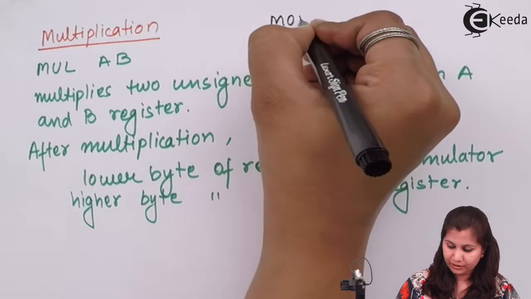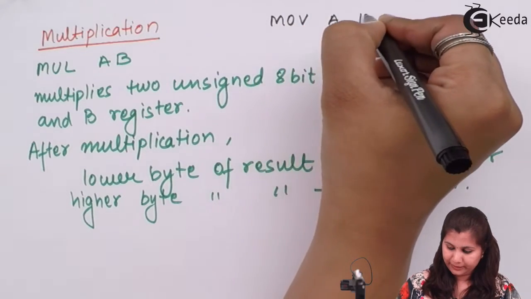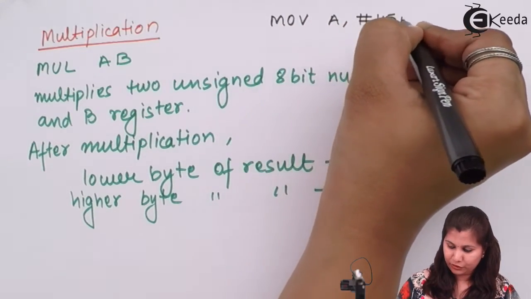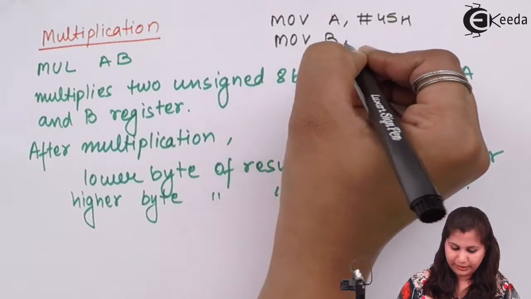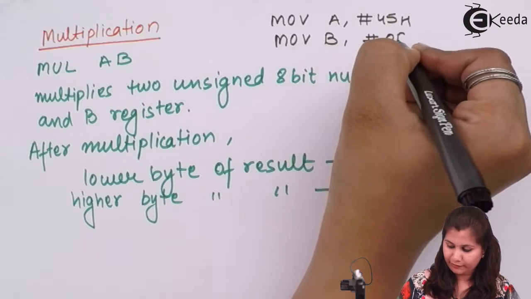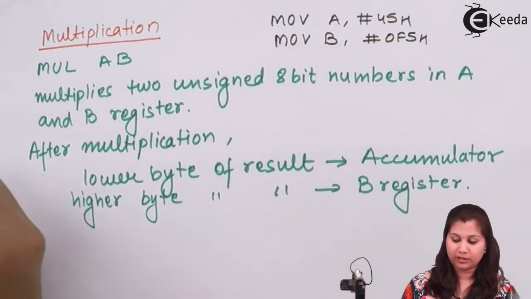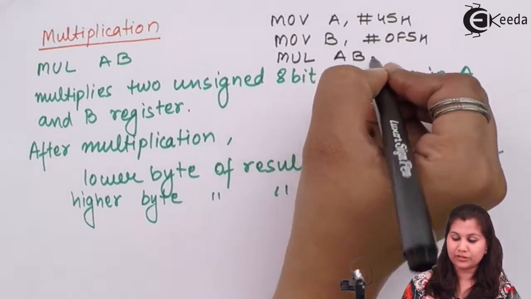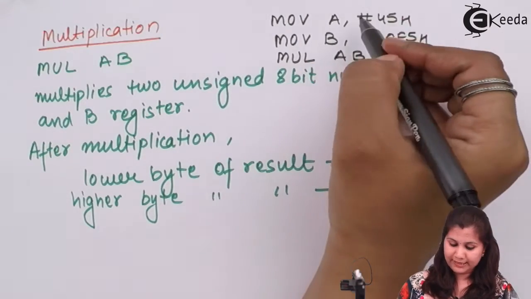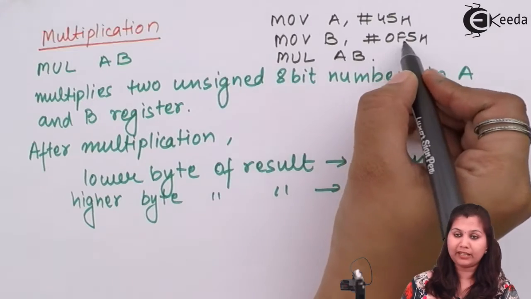First, we are moving into the accumulator a number, 45H. Then in the B register, we are moving the next number, 0F5H. Then we are multiplying the A and B registers. So A has 45 and B has F5.